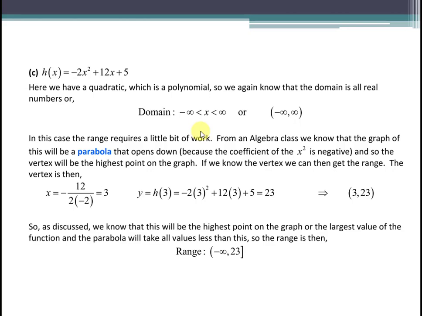To find the range, we should remember from algebra class the graph of the parabola. Here the coefficient of x squared is negative. That's why it opens down.